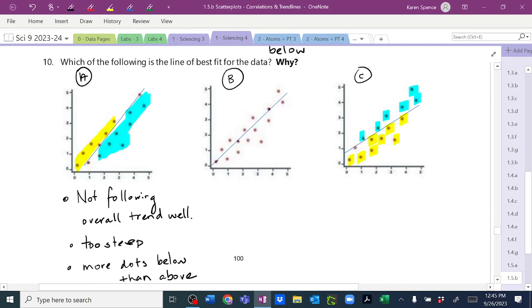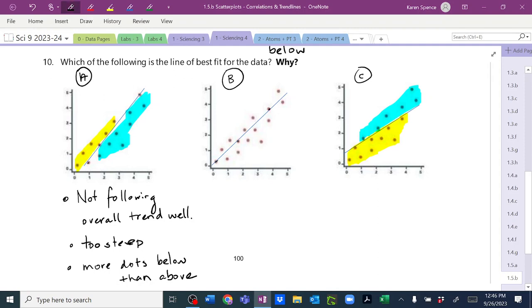My biggest problem is, where do you see most of the yellow stuff? You see well, all the yellow stuff is below, but it's also skewed towards the left, right? The stuff below is skewed left. The stuff above is skewed right. So that tells me that my slope is wrong. It tells me I'm either too steep or I'm too shallow.